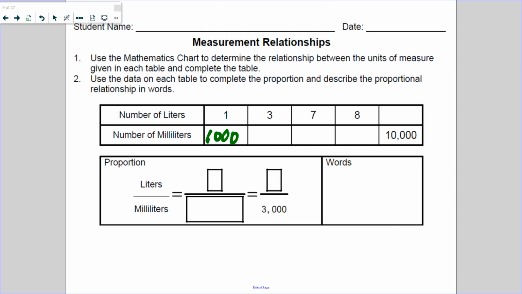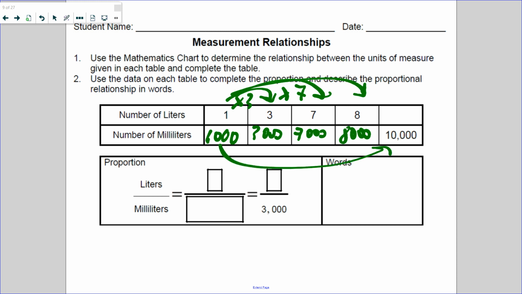What is the relationship from 1 liter to 3 liters? Times 3. That's 3,000 milliliters. What's the relationship from 1 liter to 7? Times 7, 7,000. From 1 to 8? Times 8, 8,000. Now, what's the relationship from 1,000 to 10,000? Times 10, that'll be 10 liters.